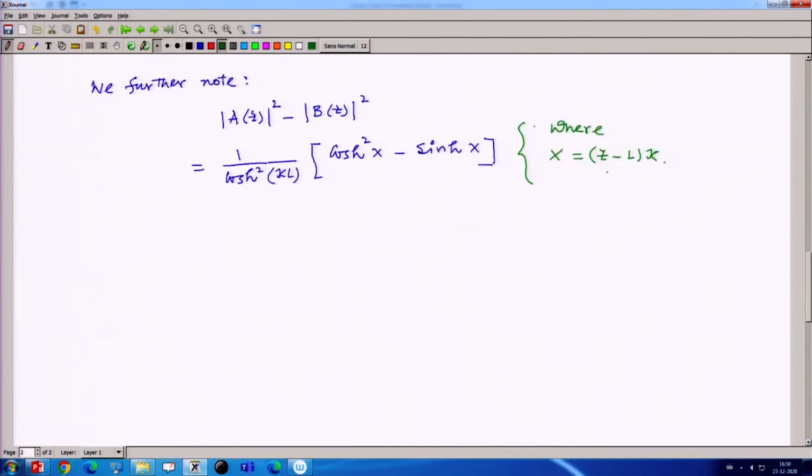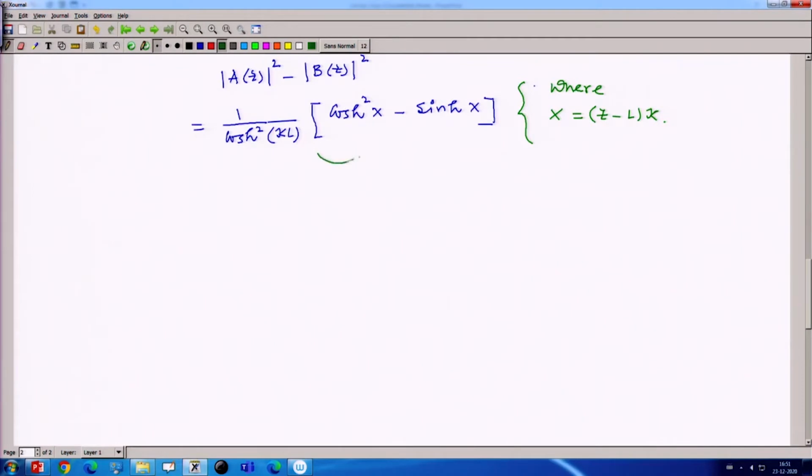I just write it here in terms of X. So, this quantity is 1.